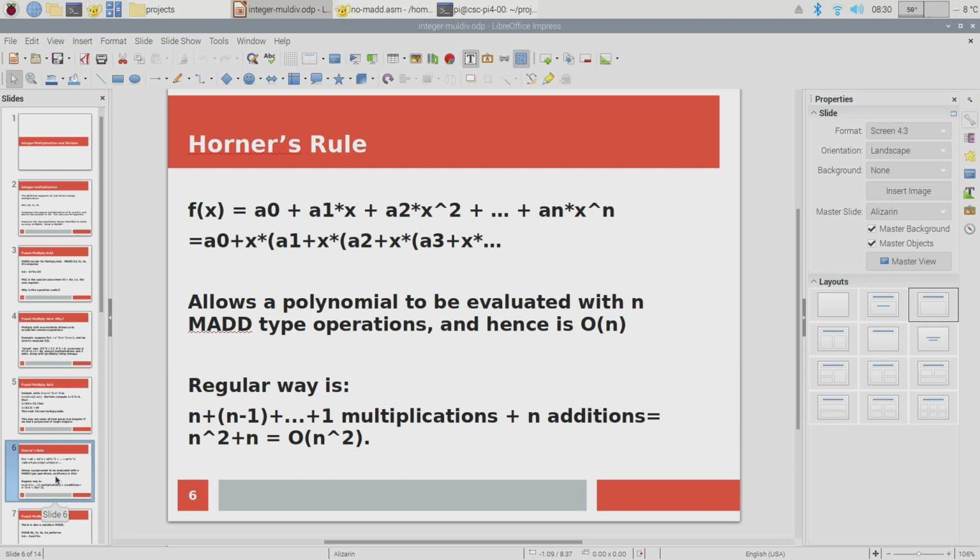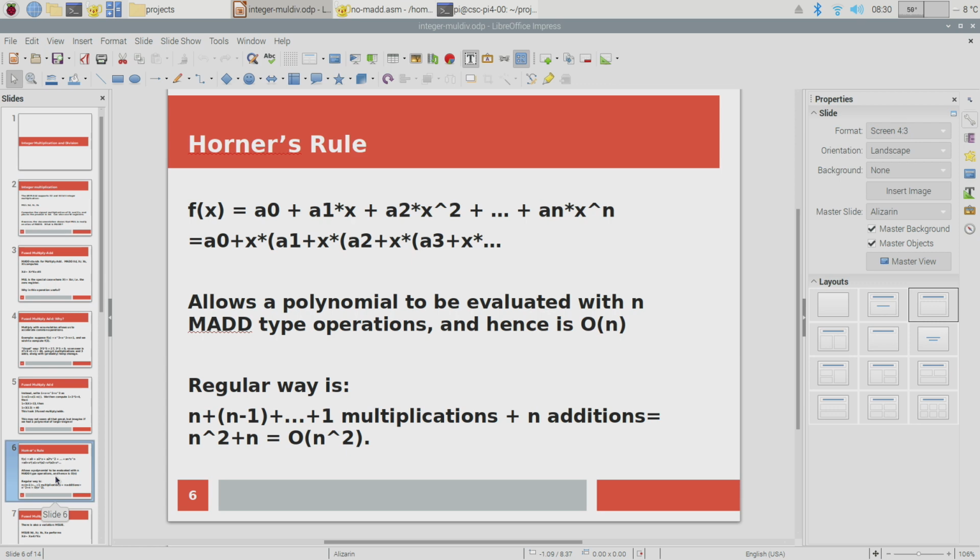I'm going to be a little loose here with the math, but how many operations is that? Well, if it's degree n, then we have to do n of these fused multiply adds, which means it's big O of n. Now, how many of you took algorithm analysis last semester? None of you?